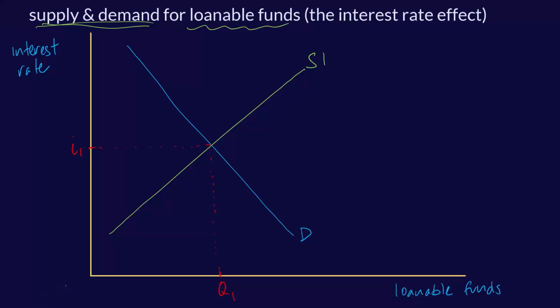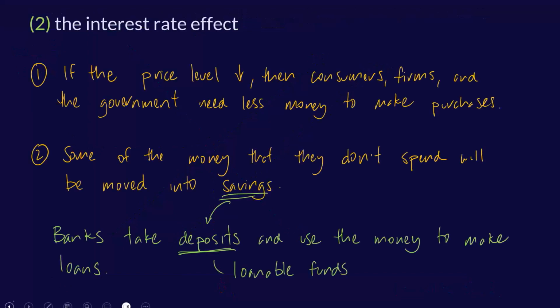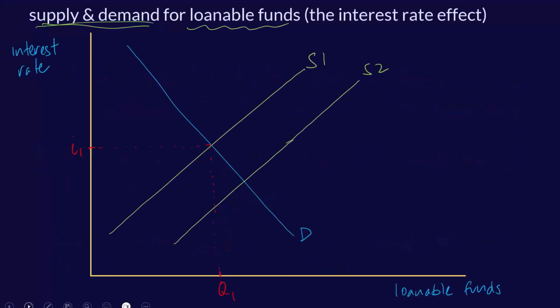Now if the supply of loanable funds increases, which it will if these two things happen, this extra money that isn't being used to make purchases is saved, moved into savings, then the supply of loanable funds is going to increase.